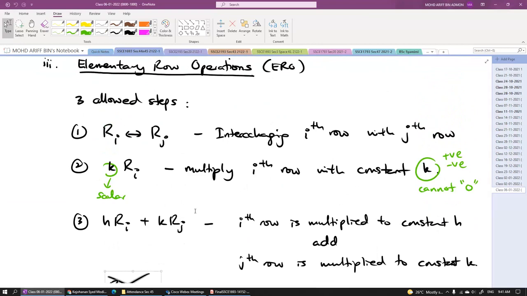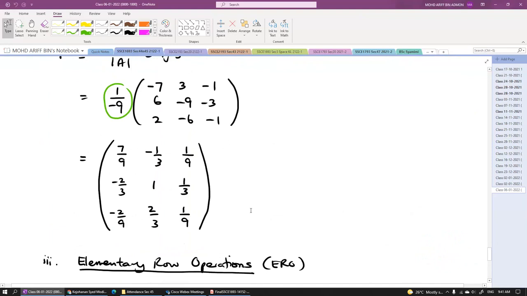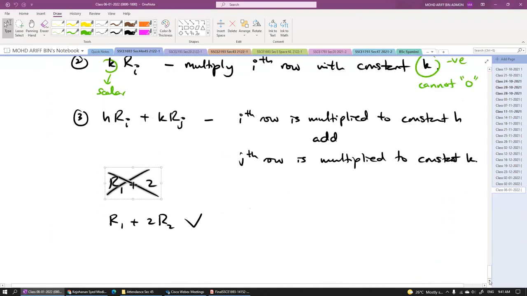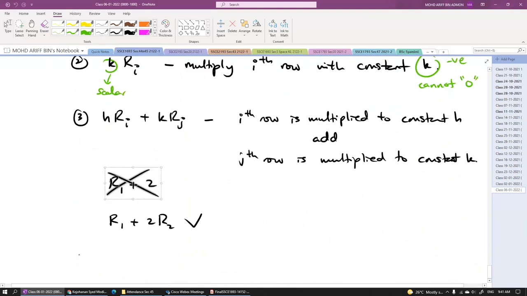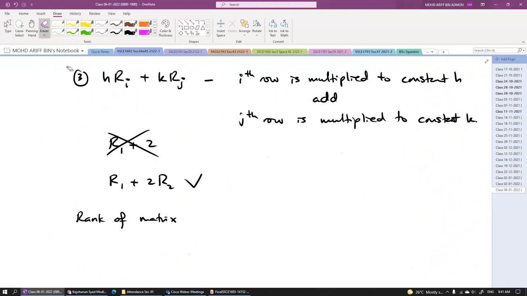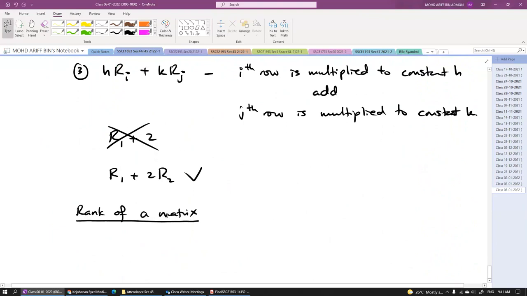Before I proceed to go back to the inverse, I just want to highlight here regarding what we call rank, the rank of a matrix. Rank of a matrix means that you just calculate how many non-zero rows are in your matrix.